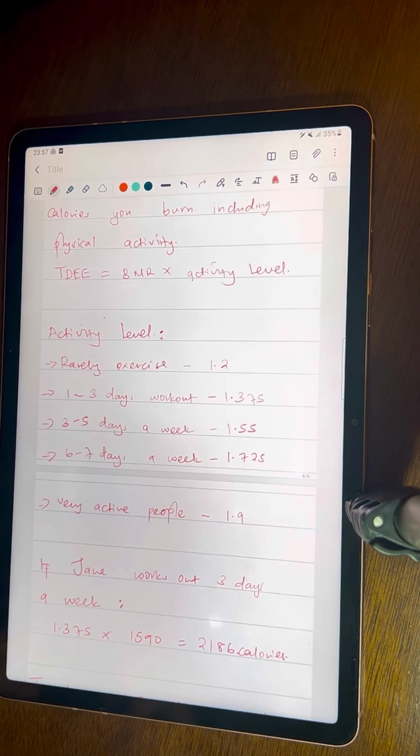So on average, most ladies, for sure, I would encourage, if you're not doing a lot of workouts, let's use the 1.2 or the 1.375. The lesser the activity level you state, the better. It's going to help you be on a calorie deficit without necessarily struggling as much.